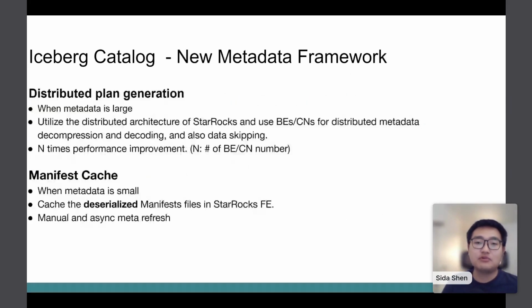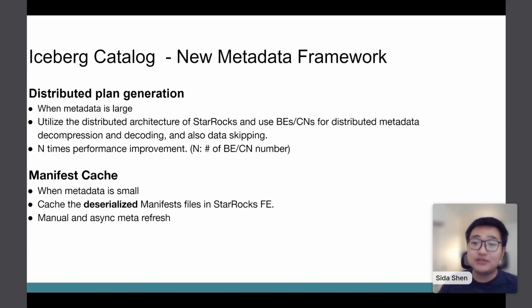To take care of this problem, we did basically two things. First, decoding and decompressing the metadata files, the manifest files, is now handled by StarRocks itself, by the BE and CN nodes. The BE and CN nodes can perform everything in parallel, in a distributed way.